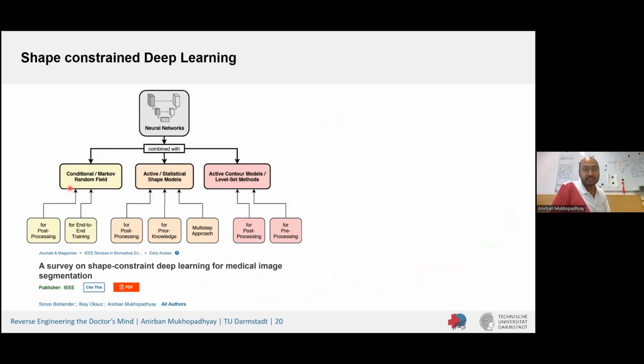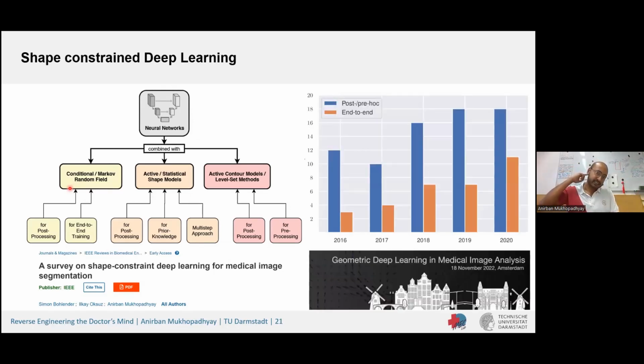So we wrote a survey around that, and it was already clear by 2020 that we were seeing a shift towards more end-to-end models. And now we have a conference organized focusing only on geometric deep learning. I'm not organizing the conference, but just trying to say that the entire community has realized the benefit of bringing inductive bias into the learning models.